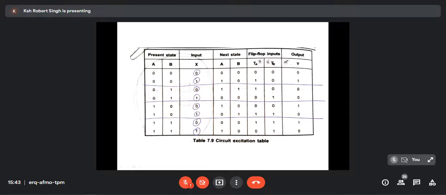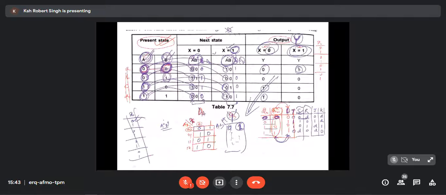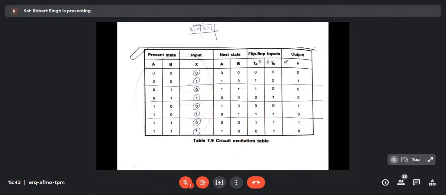No need of writing X is equal to 0 in one particular column and X is equal to 1 in another column, as we have done earlier for input. No need of putting it like this. So this is easy to understand.